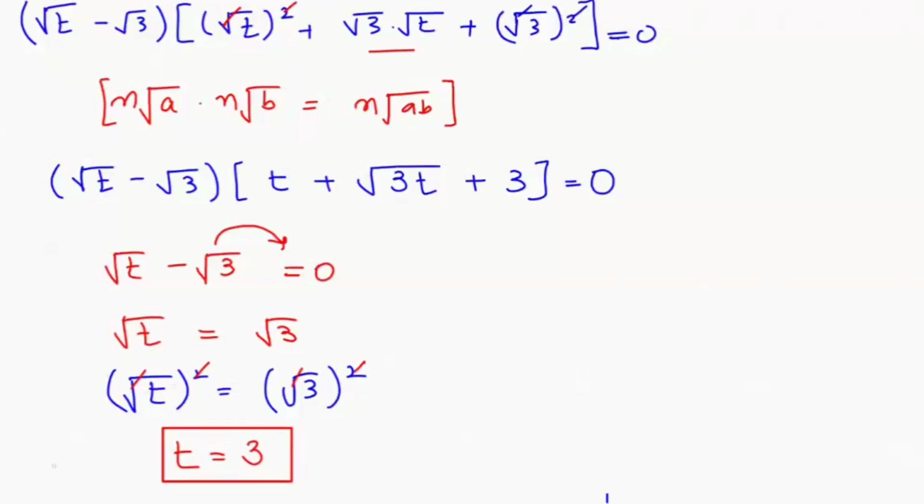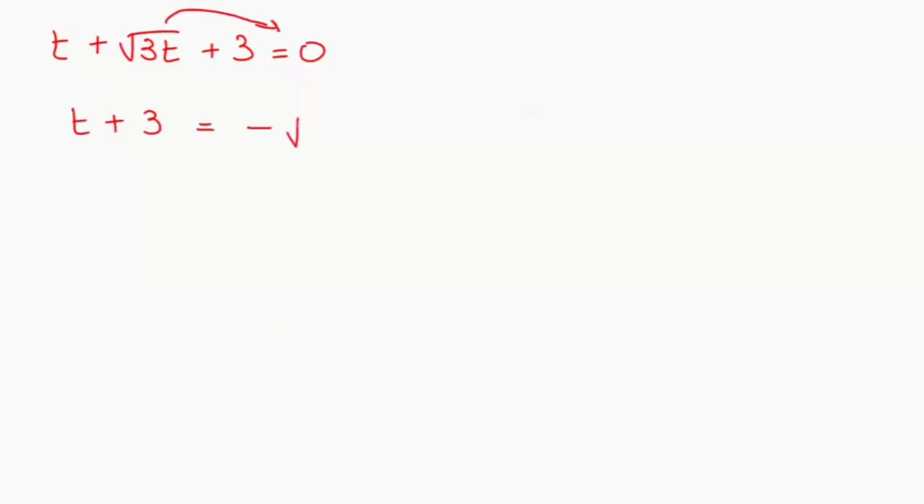Next, I will solve the second case. The second case is t plus root of 3t plus 3 equals 0. Here I take this root of 3t to the right hand side, so we get t plus 3 equals negative root of 3t.